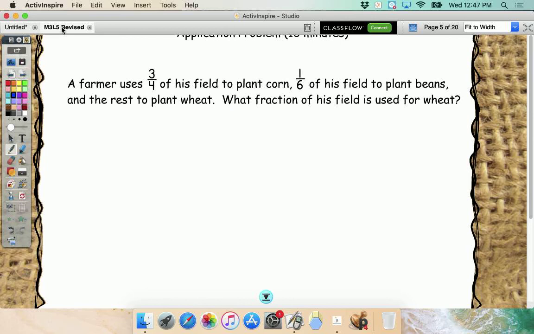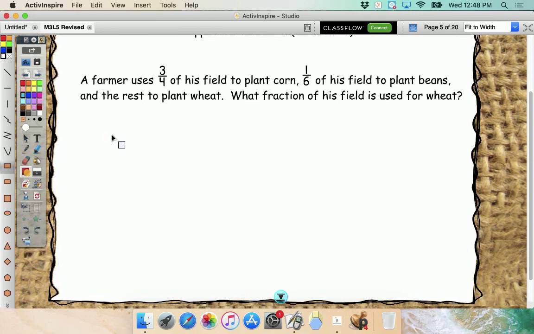All right, so let's look at it. It says a farmer uses 3/4 of his field to plant corn, 1/6 of his field to plant beans, and the rest to plant wheat. What fraction of his field is used for wheat?